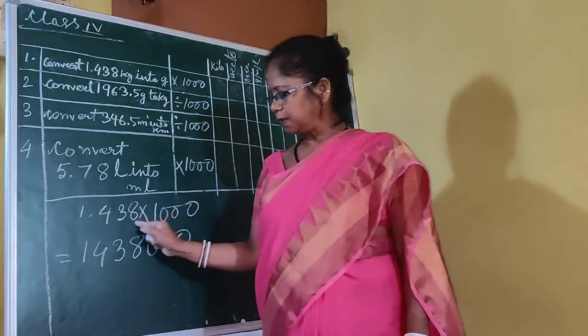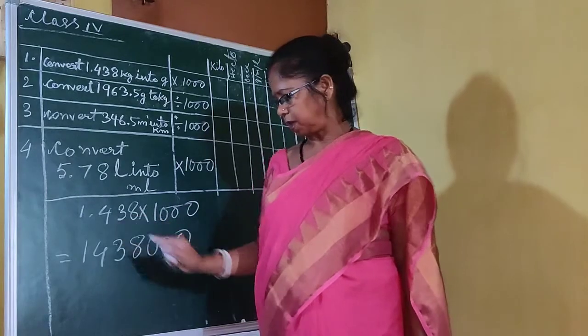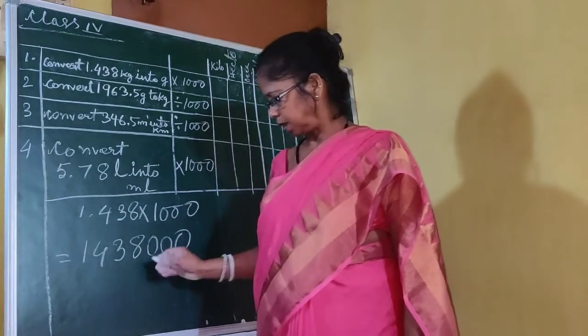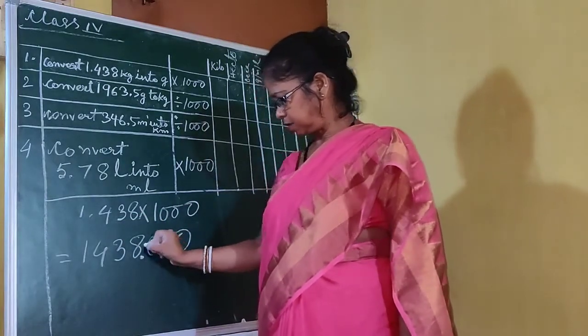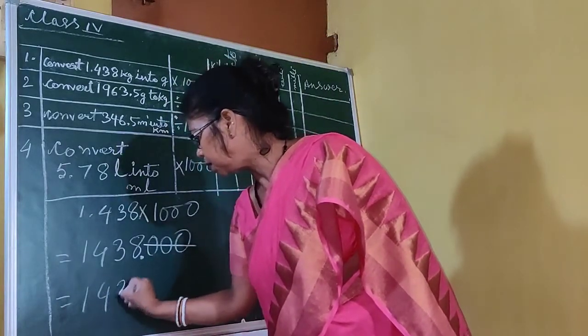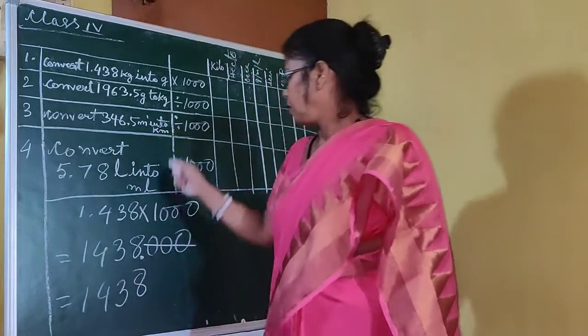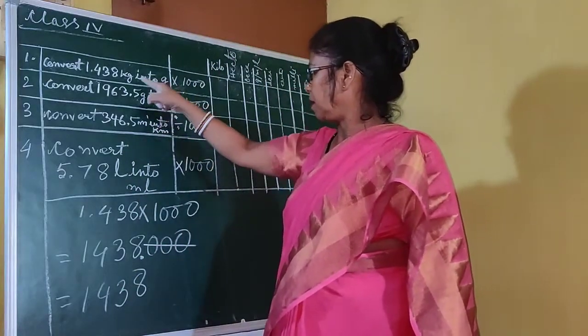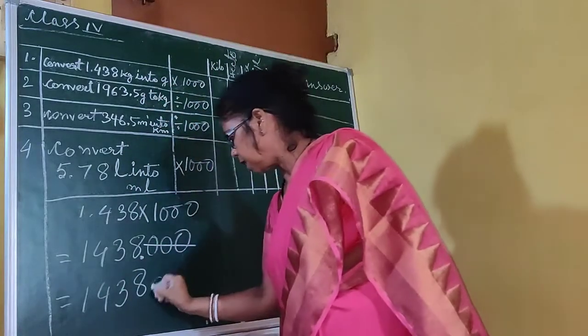Then how many places after the decimal? 1, 2, 3. Cut these 0s. Then the answer will be 1438 gram.